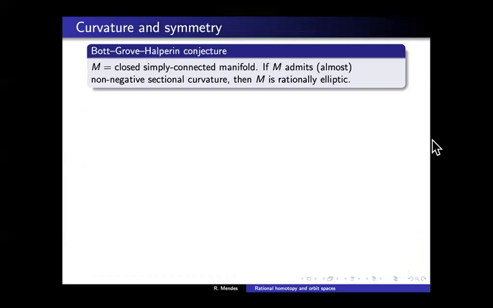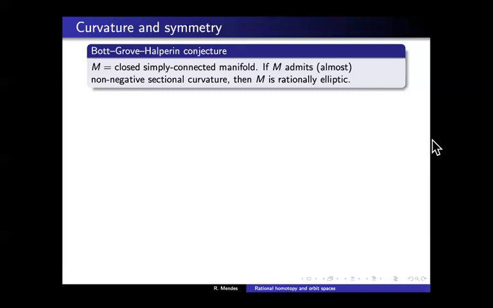All right. So this is a talk about geometry. Let me tell you the main link between rational homotopy theory and geometry and curvature, which is the Bott-Grove-Halperin conjecture. It's going to be the main motivation for the results here.